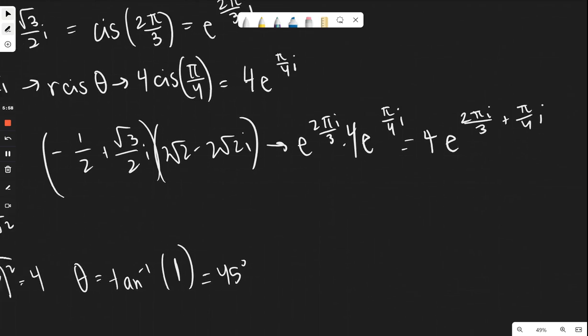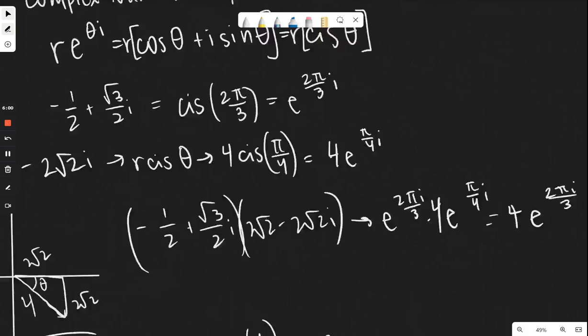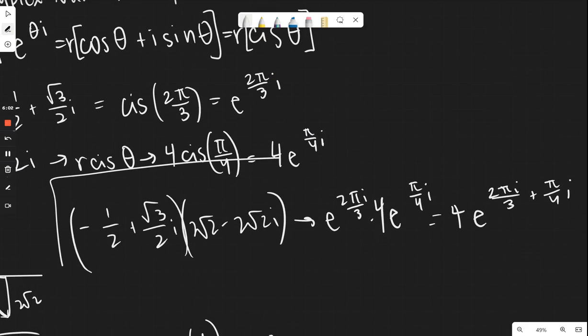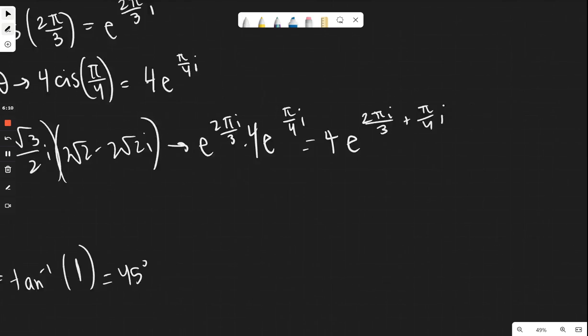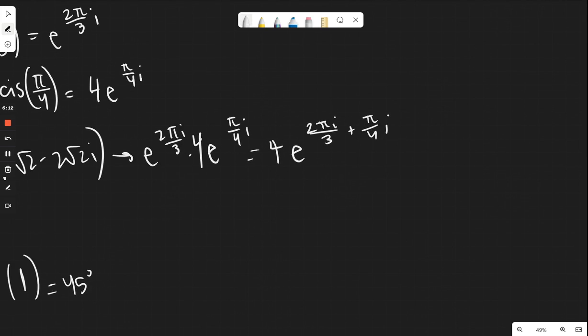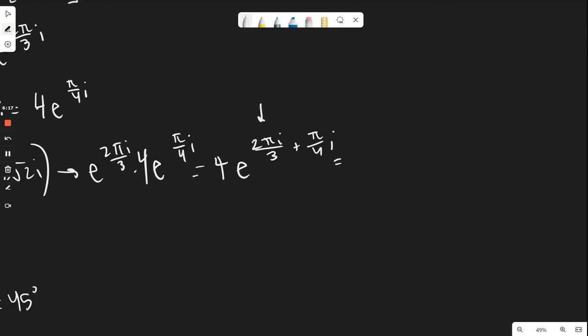And so yes, we're going to need to find a common denominator. But that is nothing as bad compared to what this is, right? I feel like there's so much more a chance of making a mistake this way compared to using exponential form. So when we make our common denominator, which is 12, this will be 8 pi i over 12, and this will be 3 pi i over 12.